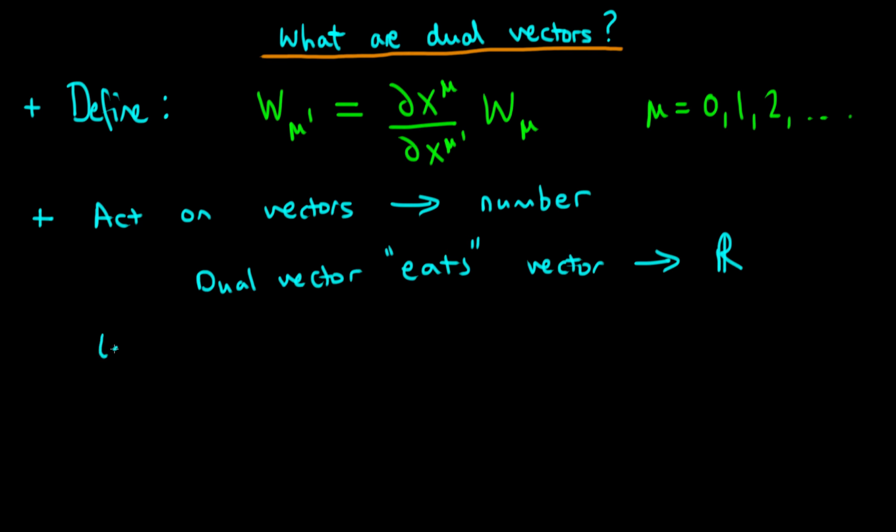So if we take the components of our dual vector and then we act on a vector, v mu, implicitly here we're using the Einstein summation convention, then what this produces is a real number.